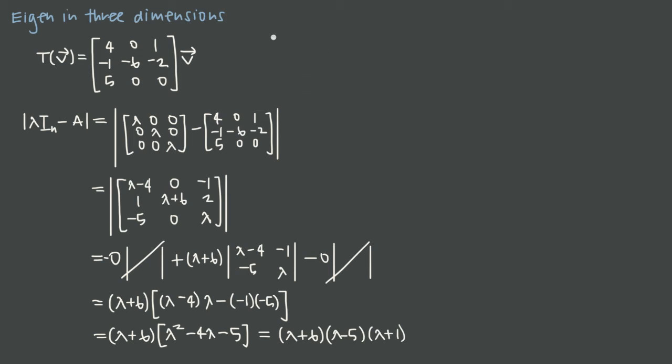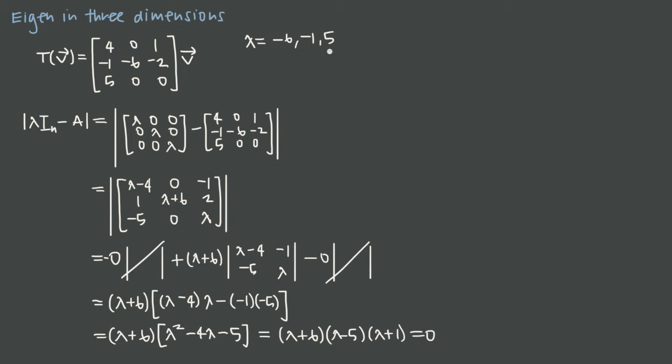So from this then, we can say that when we set this equal to 0 to get our characteristic equation and we solve for the values of lambda, we get lambda is equal to, we'll have -1, positive 5, and -6. So let's say -6, -1, and positive 5.